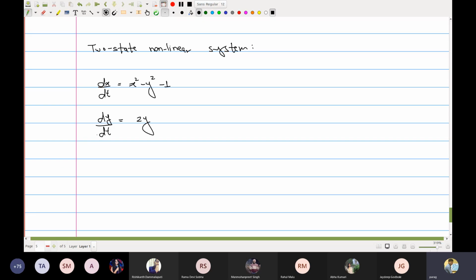Now, how to analyze this system of equations? The order of the system is 2. There are a lot of students who made a mistake in the examination, where it was a very simple question to determine the order of the system. There were 3 equations given, and therefore several students wrote that the order of the system is 3. It's not correct. Those 3 equations were second order equations, so the order of the system was 6.